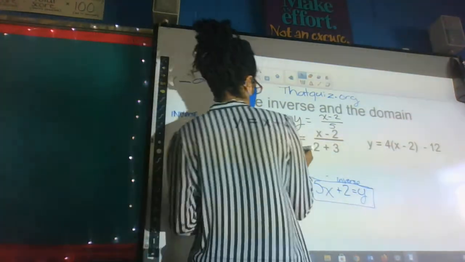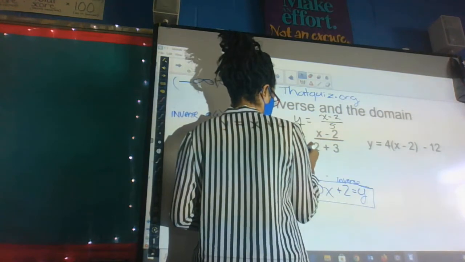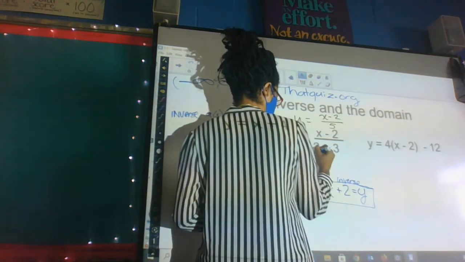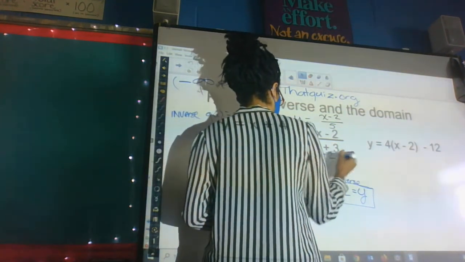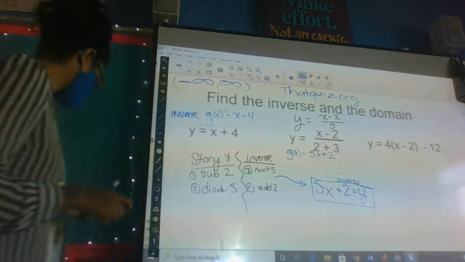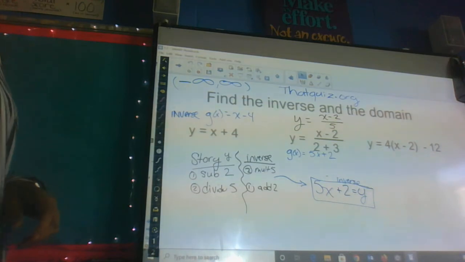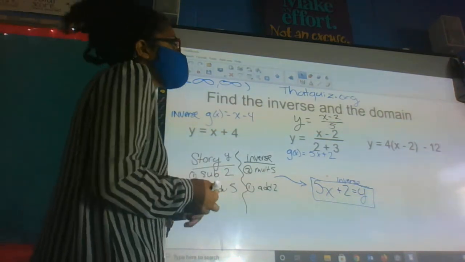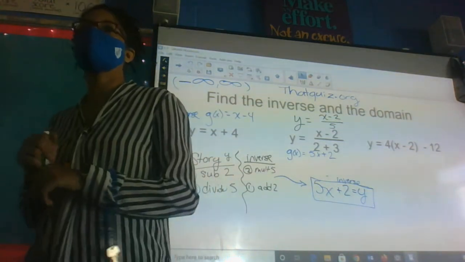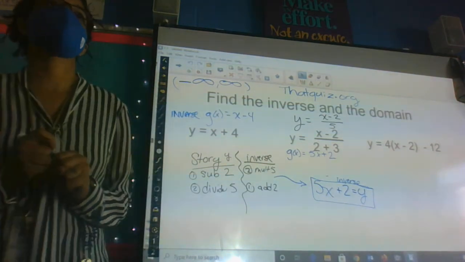I'm just going to rewrite it inverse here. What do I need to do to the last one before I start? Yes. Simplify.